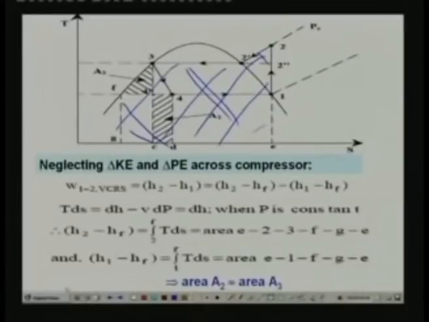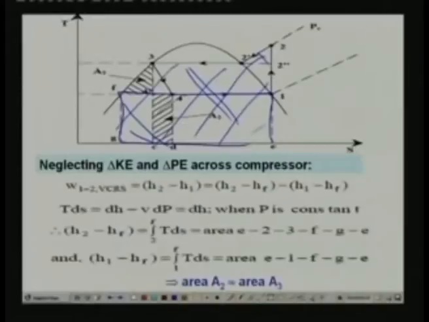Now what is H1 minus HF? H1 minus HF is nothing but the area under the curve 1 to F. 1 to F is an isobaric process, so again H1 minus HF is equal to integral TdS, temperature remains constant, so H1 minus HF is the area under curve 1 to F on the TS diagram, which is equal to this rectangular area.